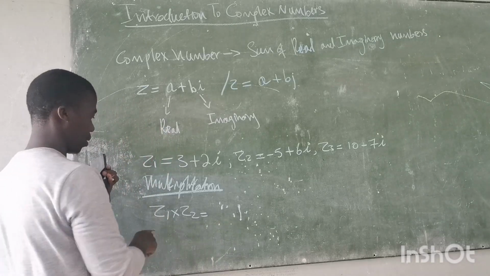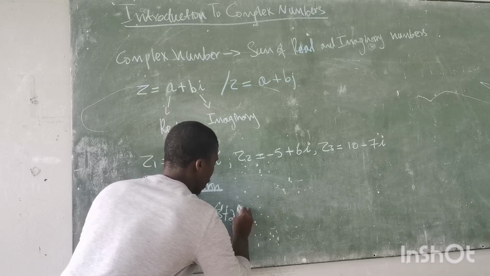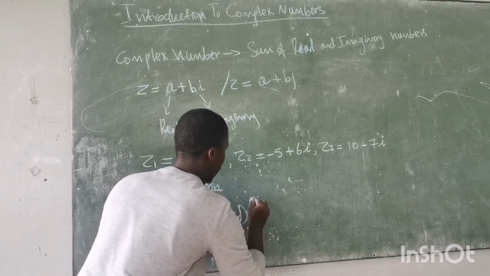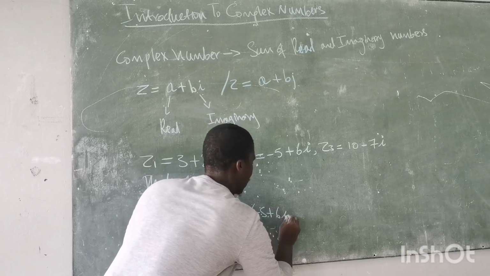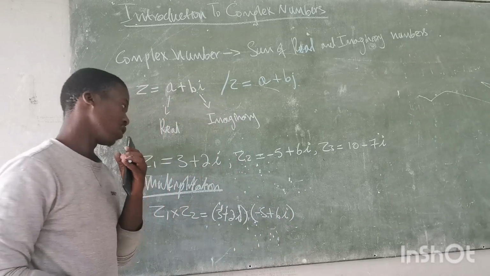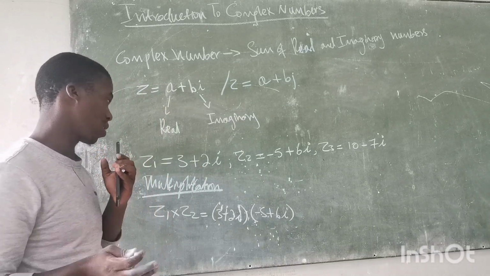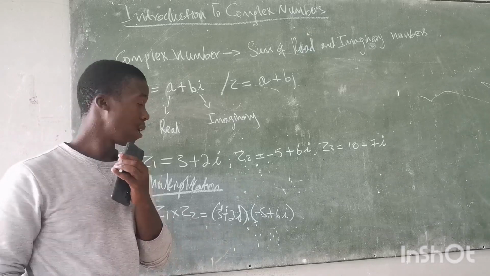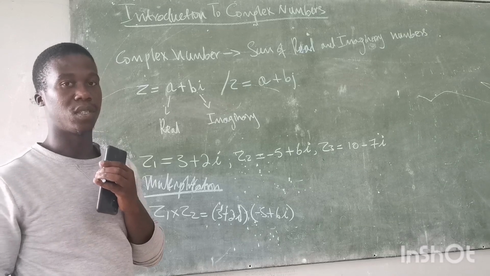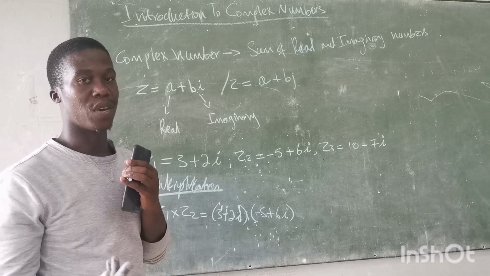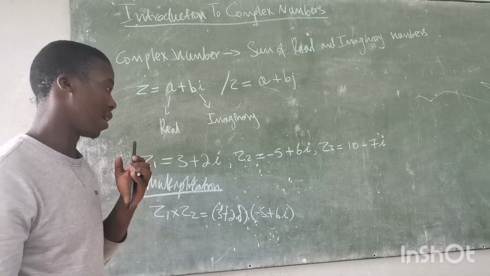What are we going to get here? Z1 is 3 plus 2i, multiplied by our Z2, which is minus 5 plus 6i. Here we're going to use our basic method for multiplying two binomials, what is known as the FOIL method: first terms, outer terms, inner terms, as well as last terms.